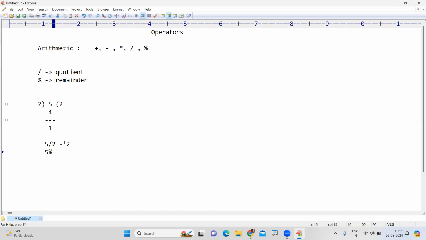And 5 mod 2, you will get the value 1. One will give you the quotient and one will give you the remainder. Division operator gives the quotient and this mod operator gives the remainder. Remaining you know already.